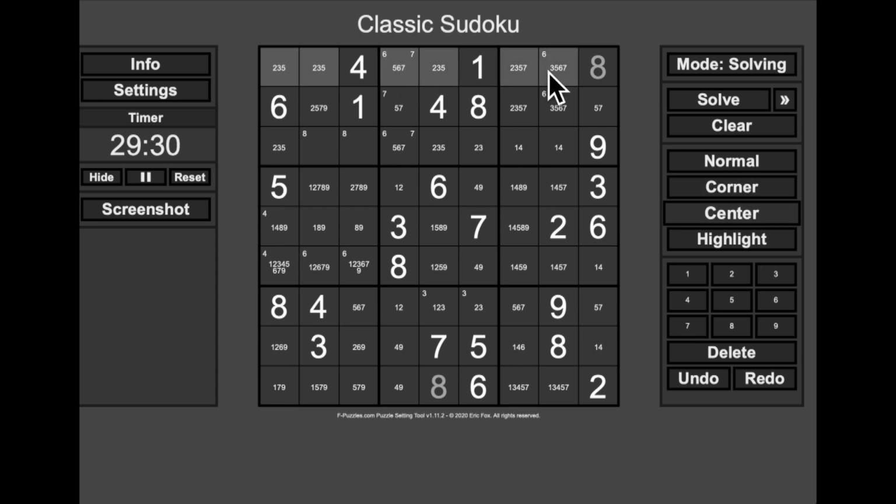I think I'm going to have to start deleting pencil marks or something. Okay. In this row, let's start fresh. 1, 4, 8 are already placed. So I need 2, 3, 5, 6, 7, 9 in that order. Now, these can't be 9 because of the box.